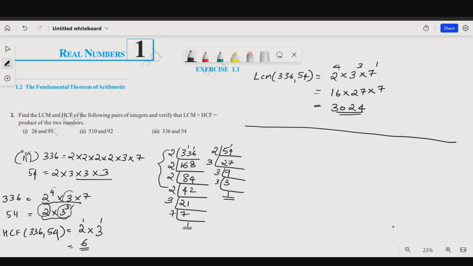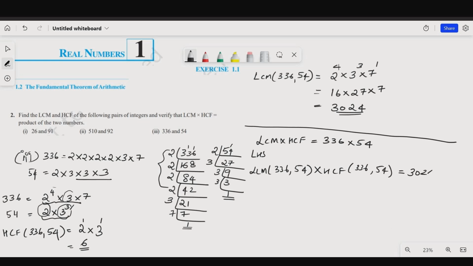Now we have to verify that LCM into HCF is equal to the product of the numbers 336 into 54. So let's take the LHS. LHS is LCM of 336, 54 into HCF of 336, 54, which is equal to 3024 into 6.